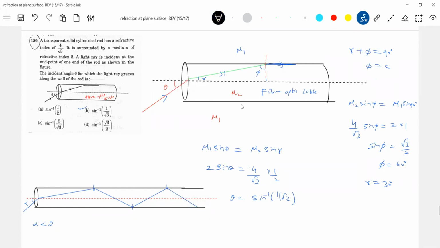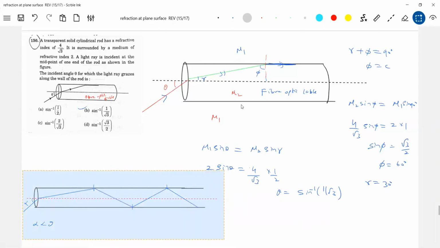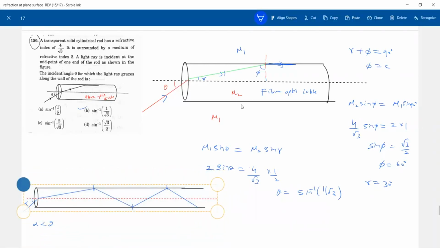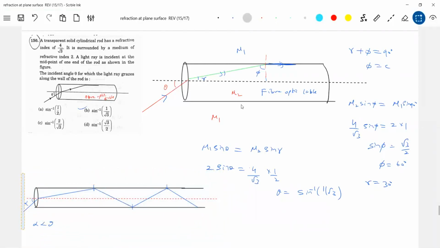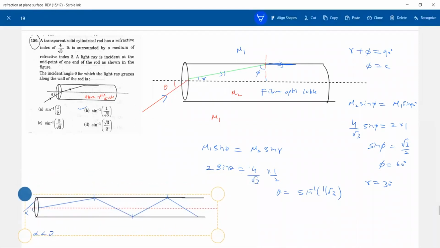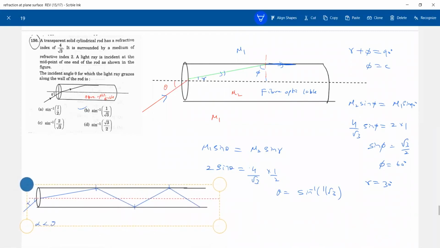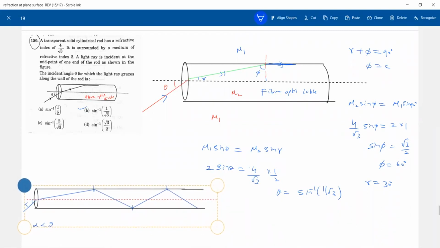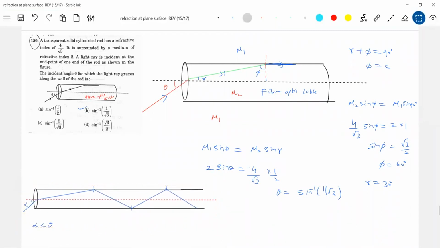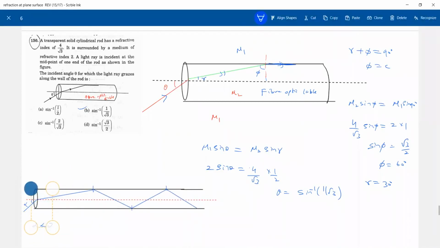I'll extend it a little further. Any conceptual question can be asked in Advanced.